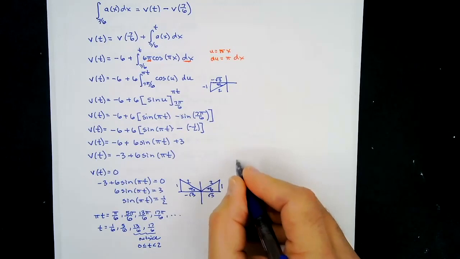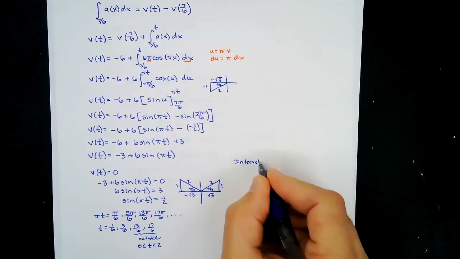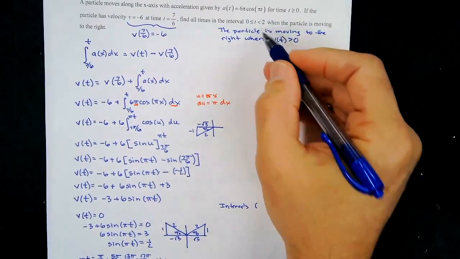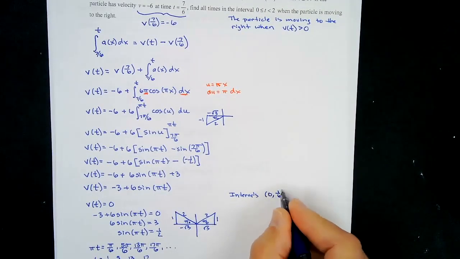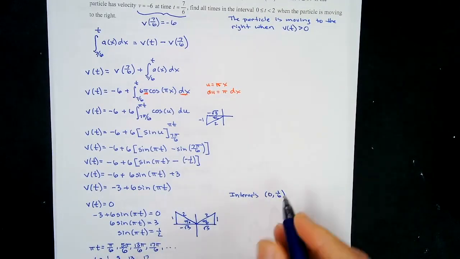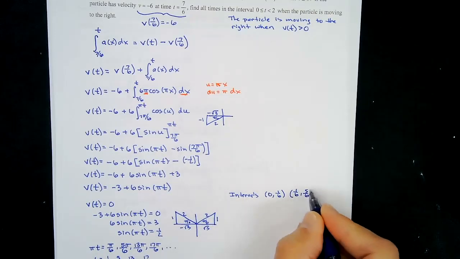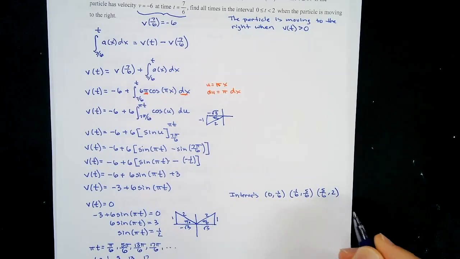Okay, so our intervals for our sine chart: we're going to start at 0 because our domain is 0 to 2. So 0 to 1/6, then 1/6 to 5/6, and then 5/6 to 2. Now why 2? Because that's the end of our domain, okay?